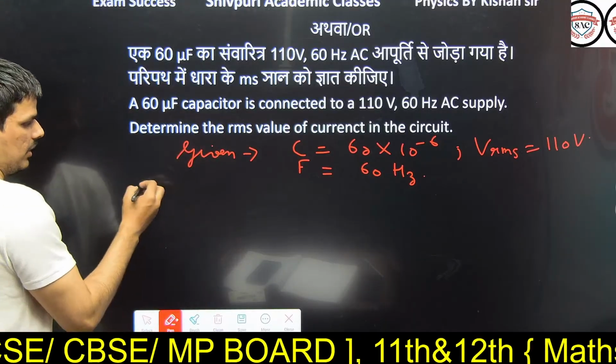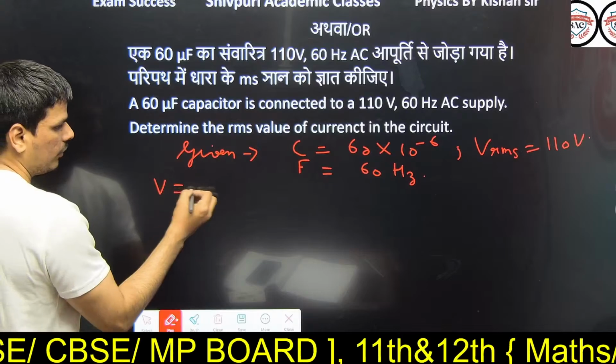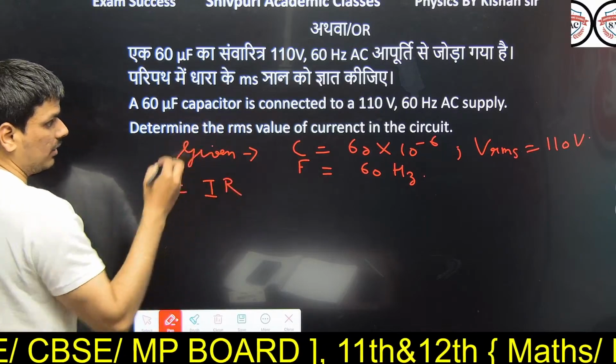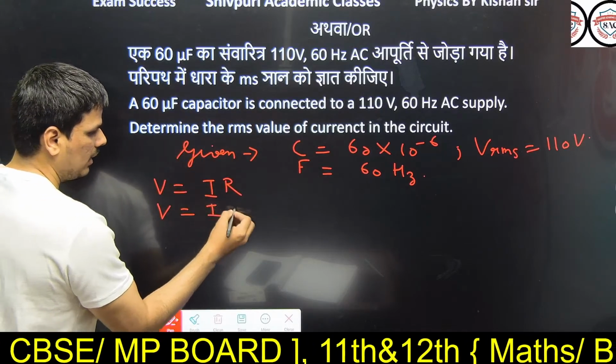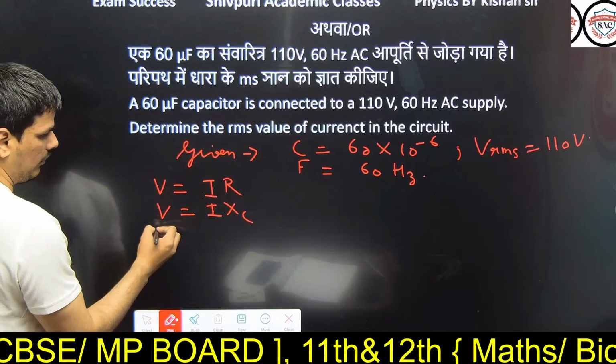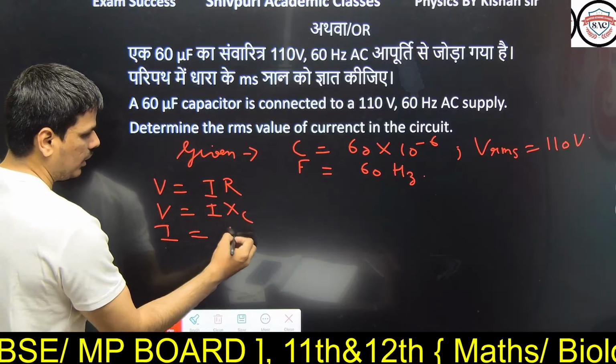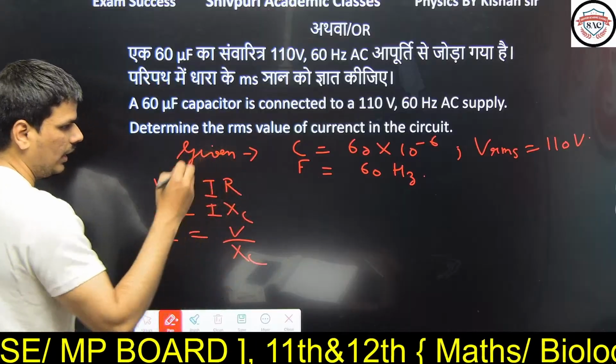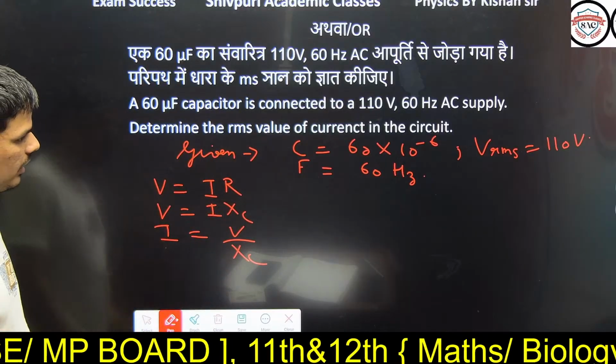Okay, so it is a capacitor. For the formula V equals IR, but since it is a capacitance, V equals I XC, and we could write it like this: I equals V upon XC. So we just need to calculate the value of XC.